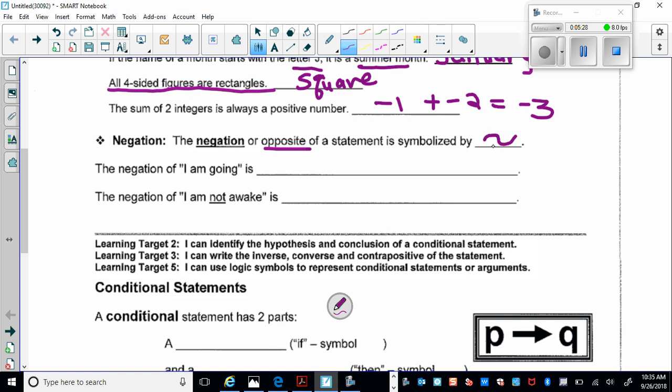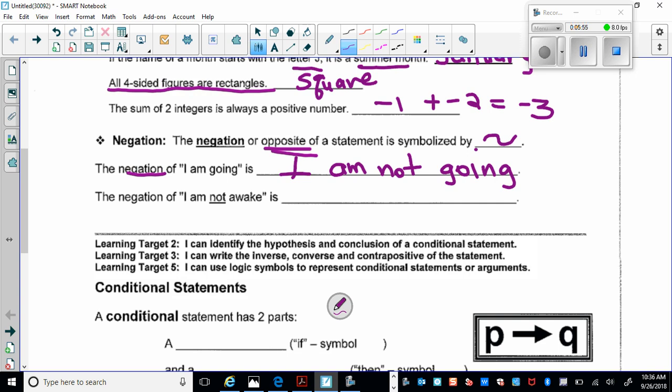If I put it in front of a statement or a letter, it means not that statement. So what would be the negation of I am going? I want you to negate that. I am going is going to change into I am not going, right?